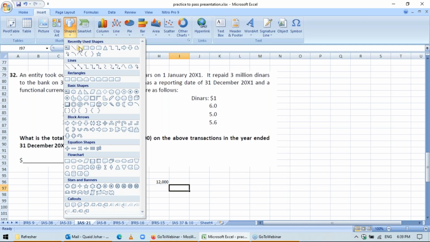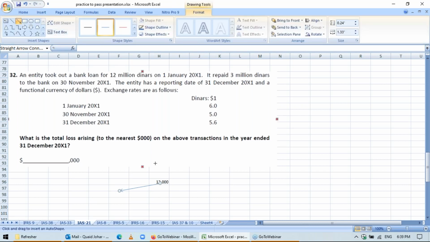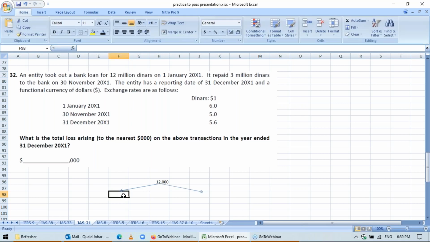One that is paid and one that is outstanding. So two pieces out of it. They repaid the $3 million amount, and still outstanding is $9 million.